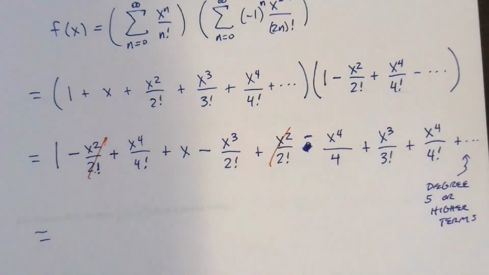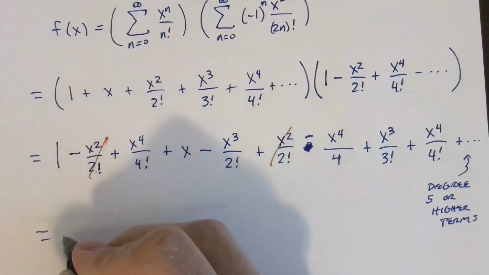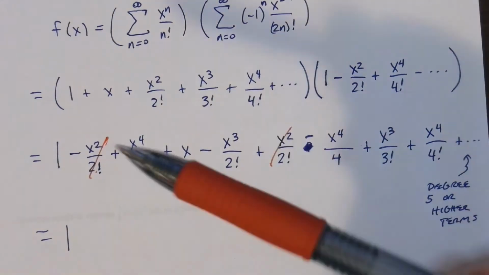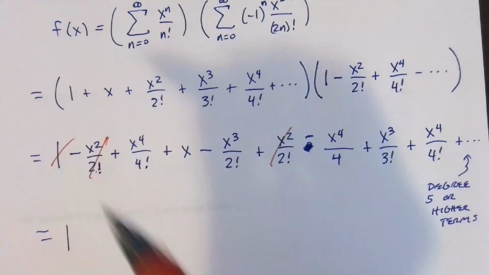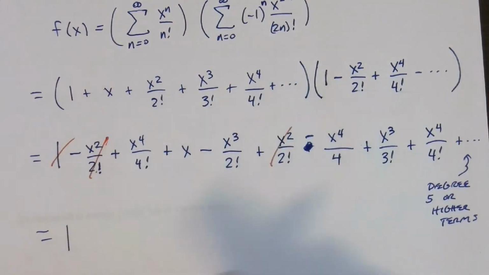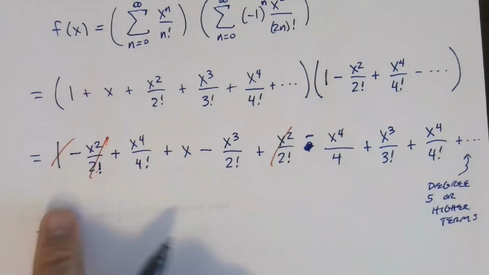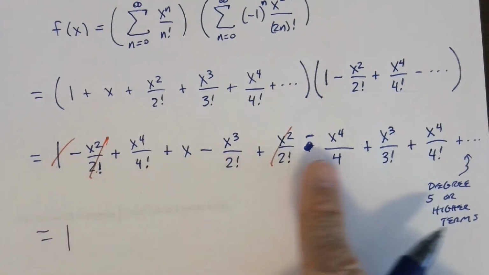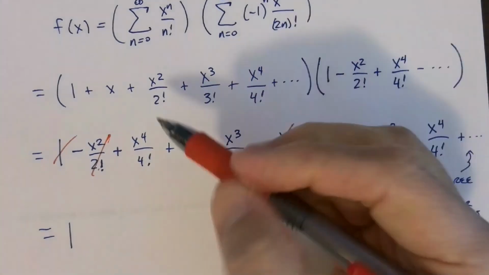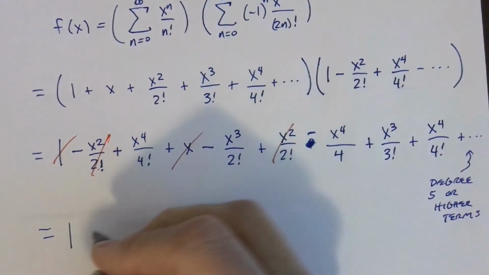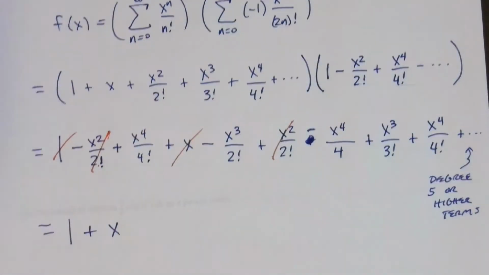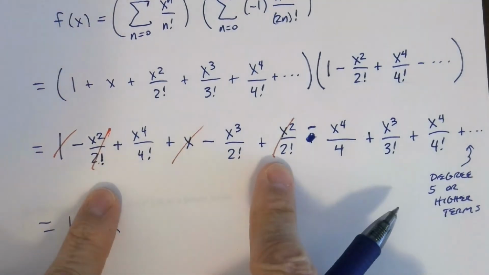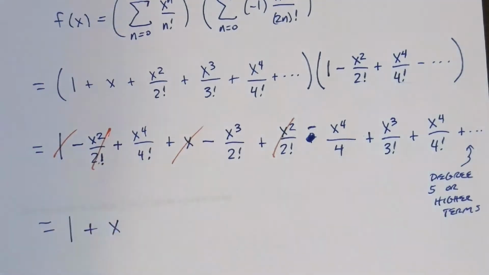I'll just cancel as I go, so to speak. That's what I probably should have done. X terms. So the only constant term was 1. X terms. I got an x here. Any other x terms? No, just that one x. So I'm just crossing them off the list, so I keep accounting. So x squared, as I said, these cancel out, and so there's no x squared terms.